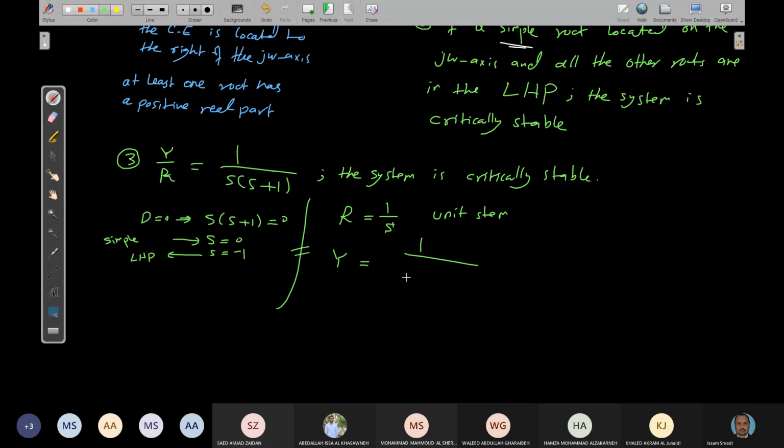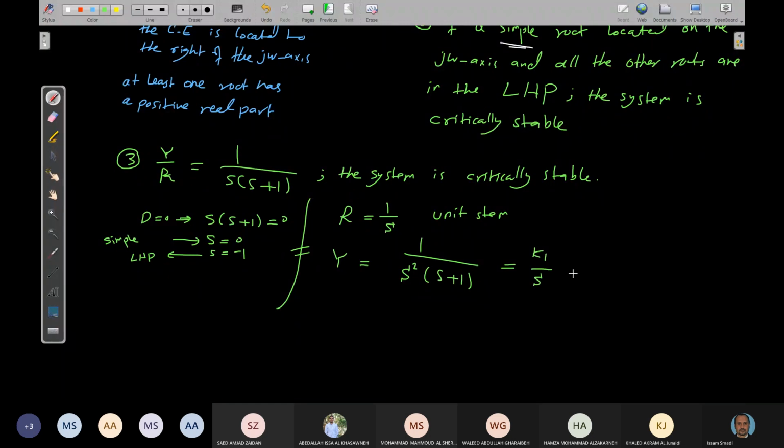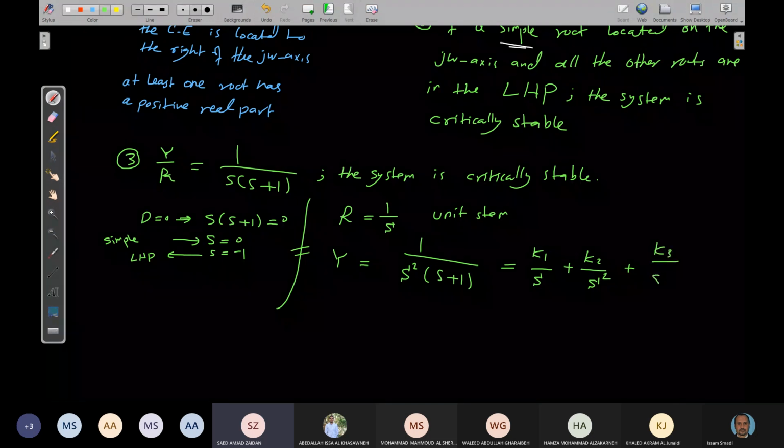It will equal 1 over S squared times (S plus 1). If I do the partial fraction expansion, this will equal K1, a certain constant, over S, plus K2 over S squared, plus K3 over S plus 1.